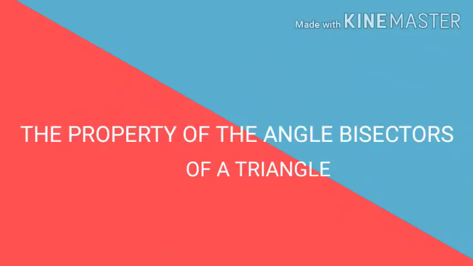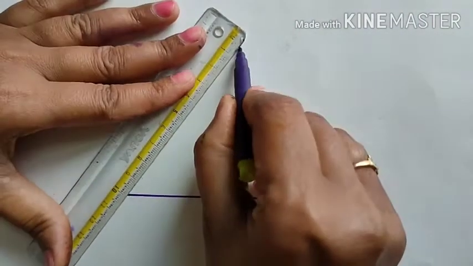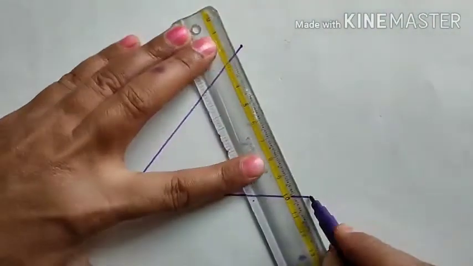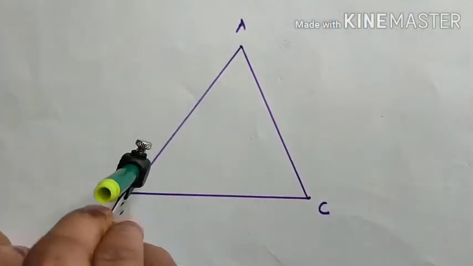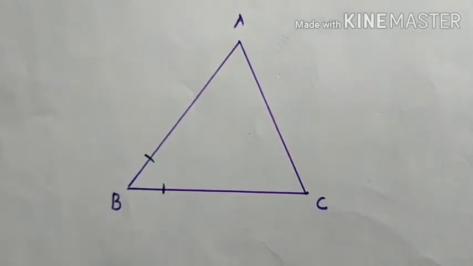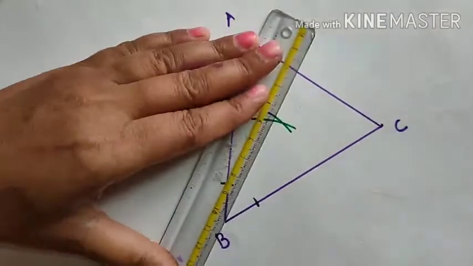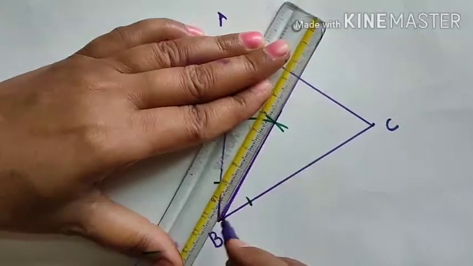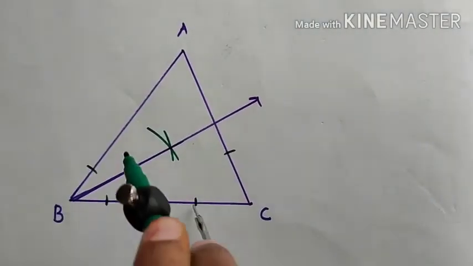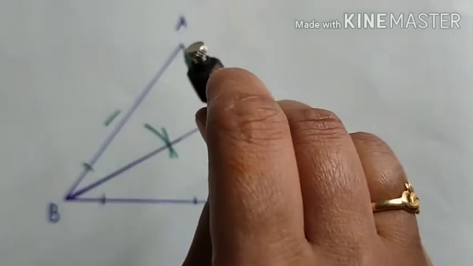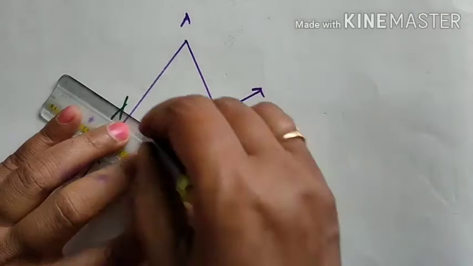The property of the angle bisectors of a triangle. Let's draw any triangle ABC. Even if only two bisectors are drawn, we will get the point, but here three angle bisectors are drawn.